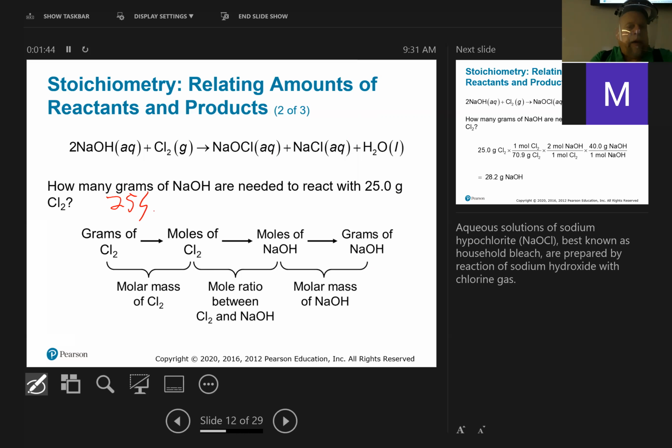So let's do that. 25 grams of chlorine. What's the molar mass of chlorine? Look on there, what is it? Okay, so that's 70.9 grams of chlorine per 1 mole of chlorine. So grams of chlorine now cancel. How many grams of sodium hydroxide? What is the mole ratio between both of them?